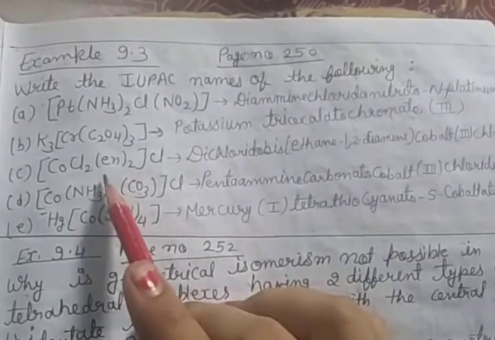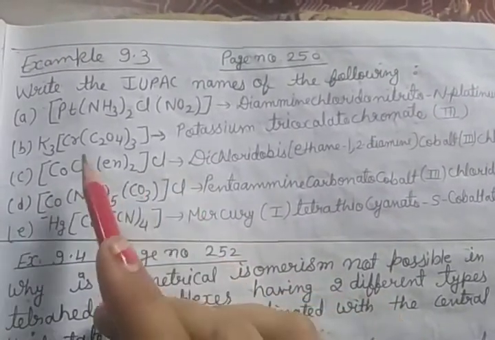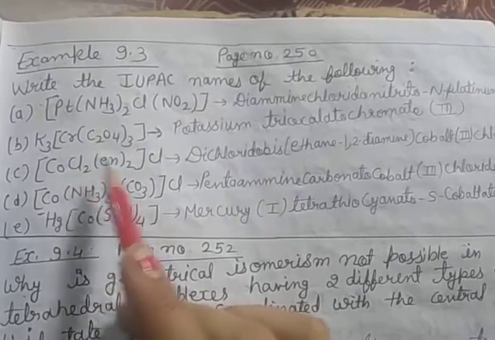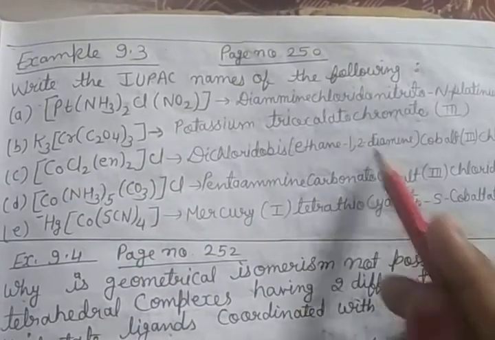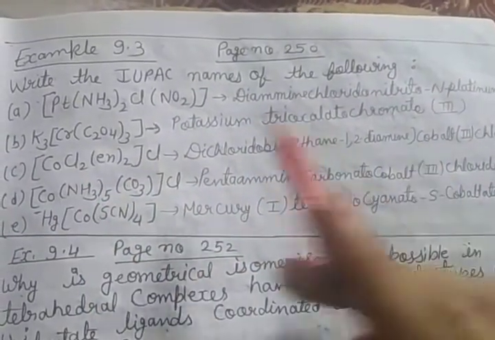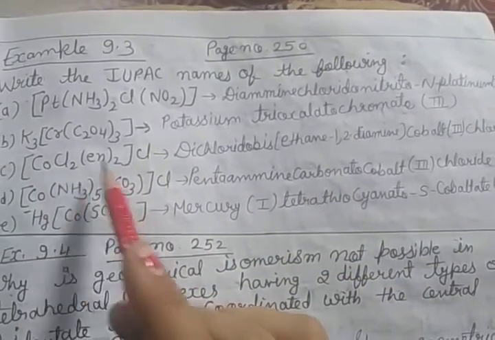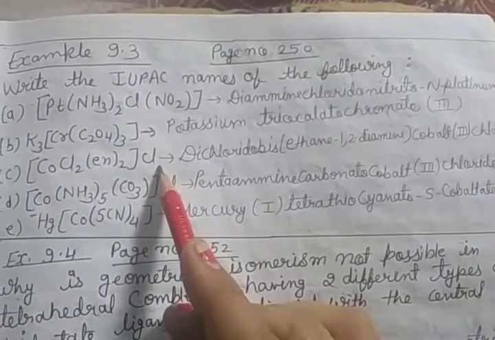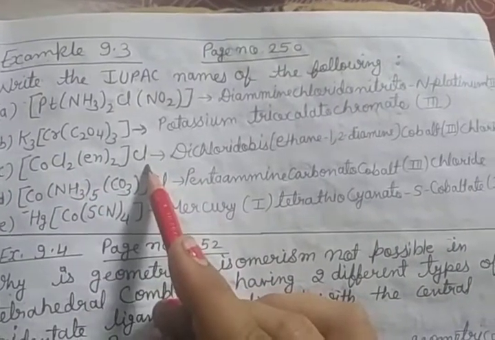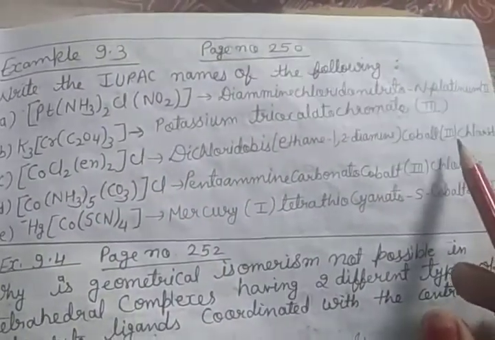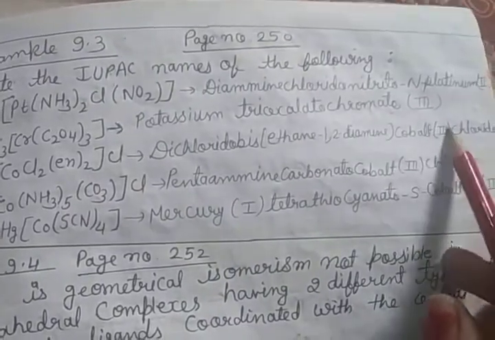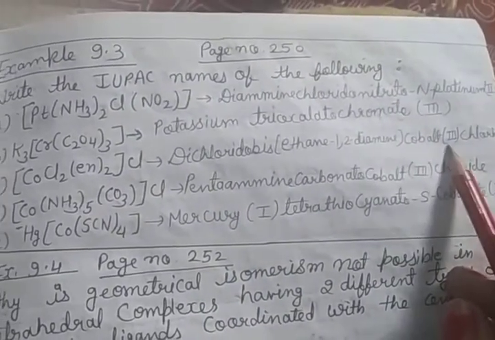Then [CoCl2(en)2]Cl. So Cl2 dichlorido, en ethane-1,2-diamine, and Co cobalt. Its oxidation number we have to find: X -2 and 0, and then outer side -1, so -2 and -1 is -3, going to the right hand side, so +3 written in Roman numeral.